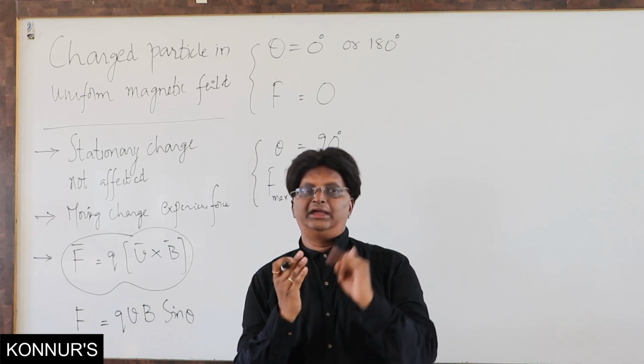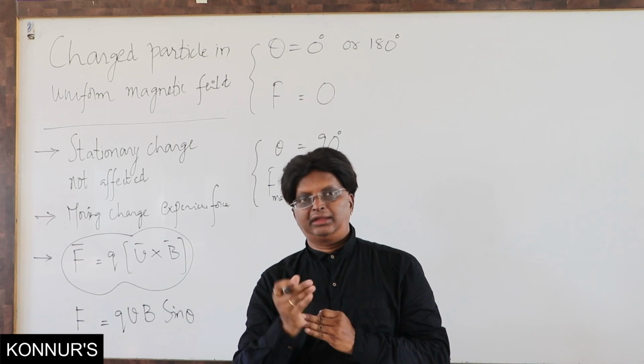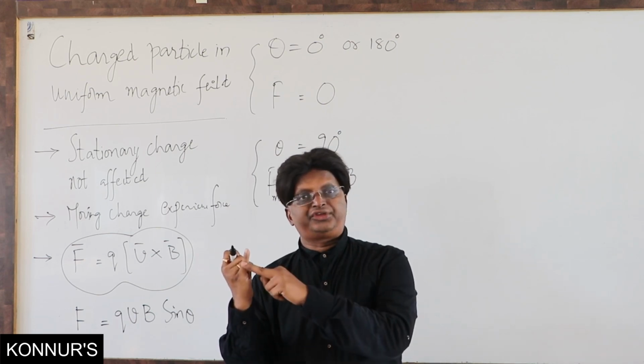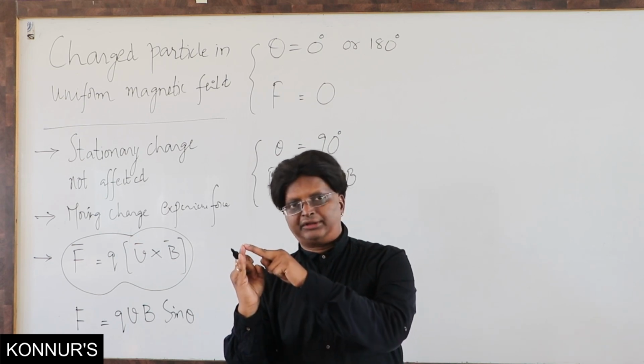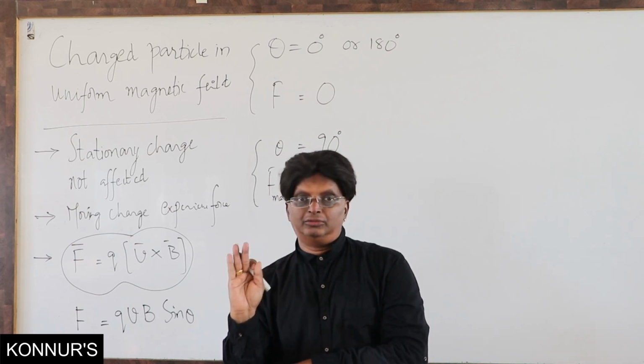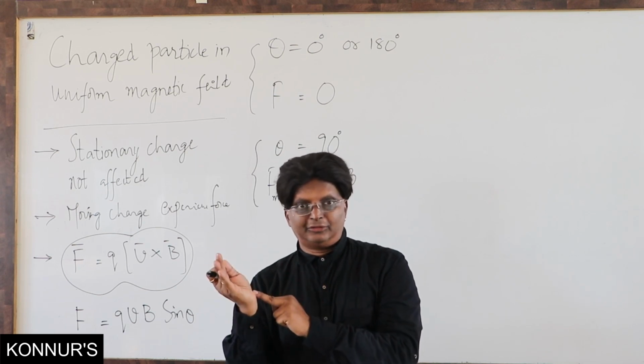Velocity changes and hence momentum changes and hence there is force. But the other way, speed does not change. No change in speed means no change in kinetic energy. No change in kinetic energy means work done is zero. So for the magnetic force on a charged particle, work done is always zero.